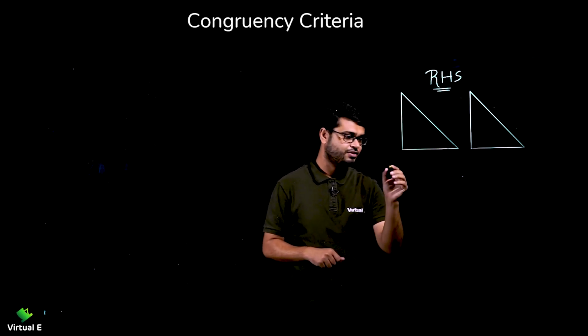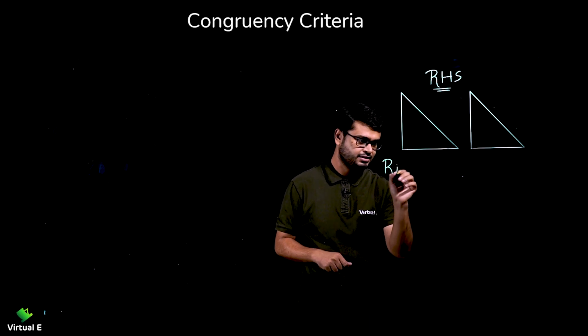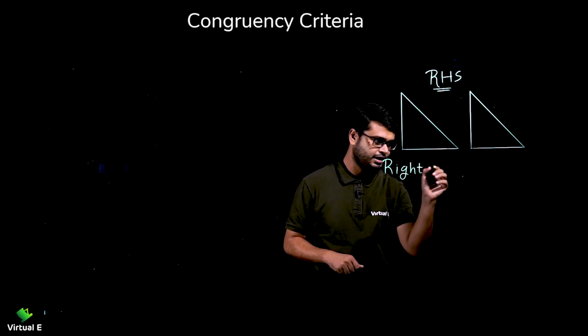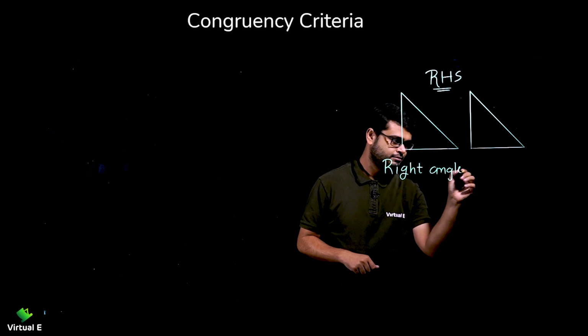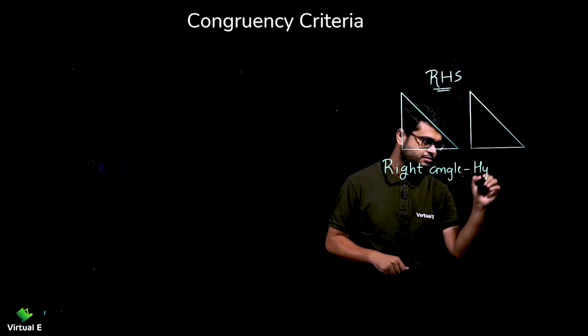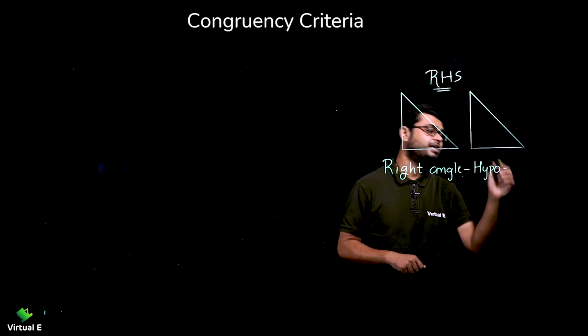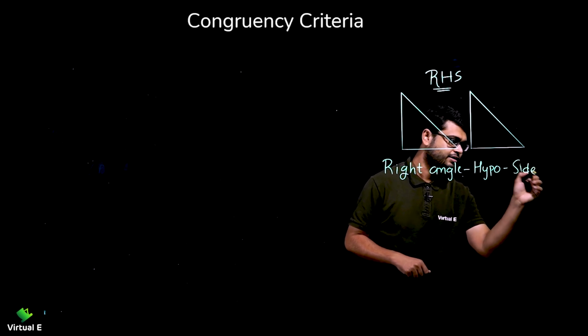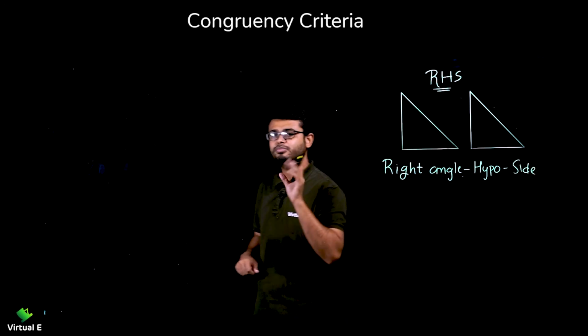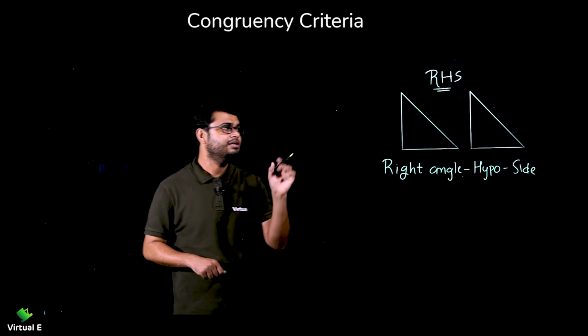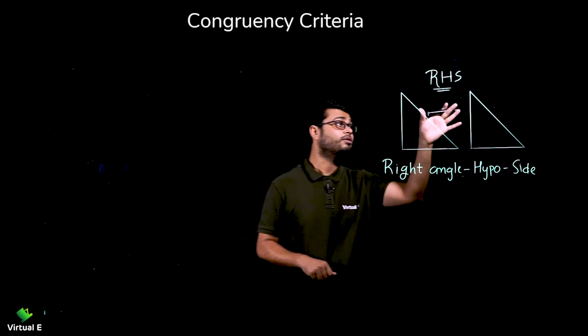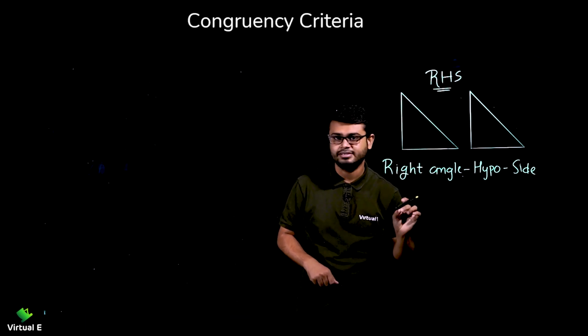R is for the right angle, then hypotenuse, and the last S is for side. So when we want to prove two right triangles congruent, we are going to follow RHS criterion.